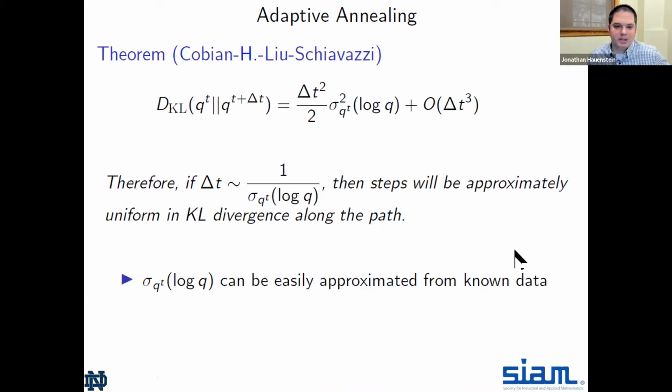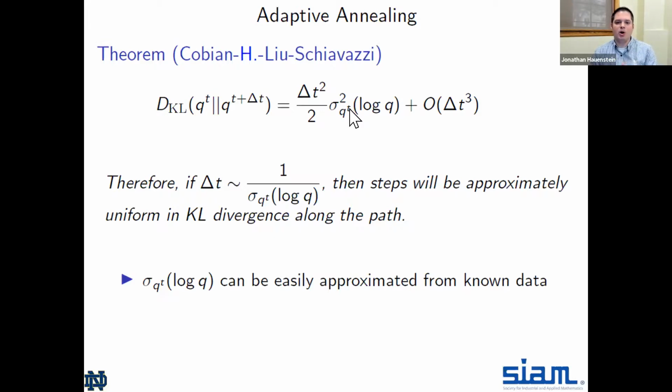And so here's the theorem. If we treat this as we're going to take steps along a homotopy, so we want to step from T to T plus delta T. How much does our distribution change? Well, it's based on the square of delta T times the variance, plus some higher order terms.